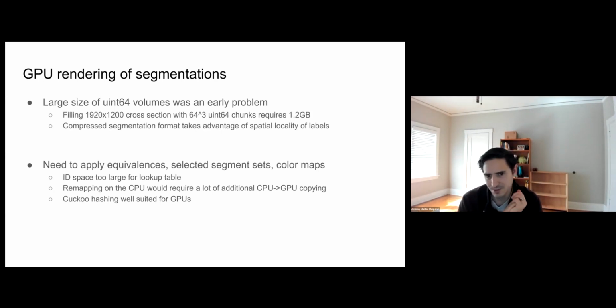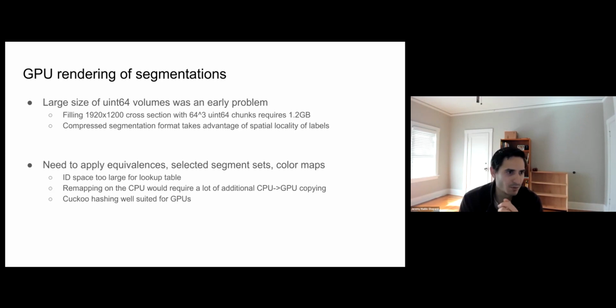Consider a single full HD monitor size view of 1920 by 1200, where you want to display a cross section of this size, and you're using, say, 64 cubed chunks of data.